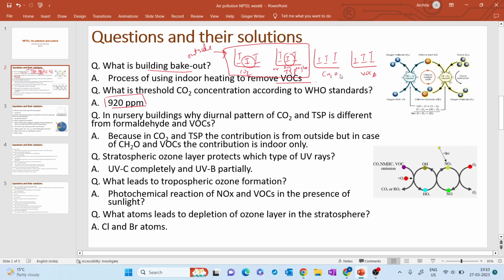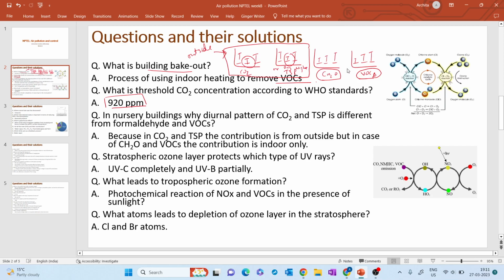On the other hand, formaldehyde and VOCs are generally indoor pollutants. They come from paint and from the material that is used to make buildings. The example is the nursery. In the indoor environment, there is a lot of ventilation during the daytime, so their concentration is not that much.